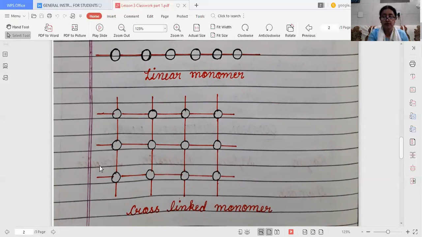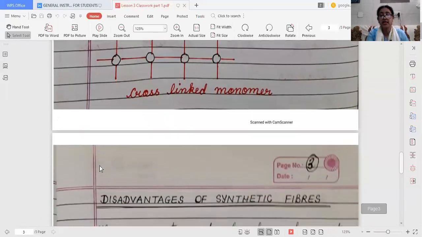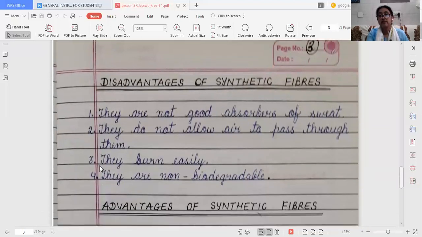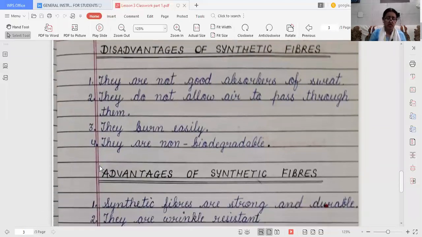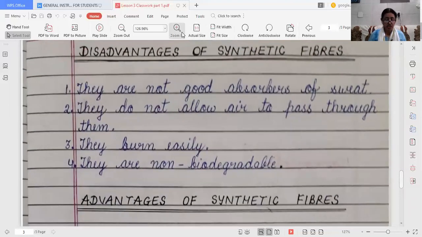Now we will go for the advantages and disadvantages of synthetic fibers. We know natural fibers have many advantages, but there are a few disadvantages, and there are advantages of synthetic fibers also. First, we will go for disadvantages of synthetic fibers.